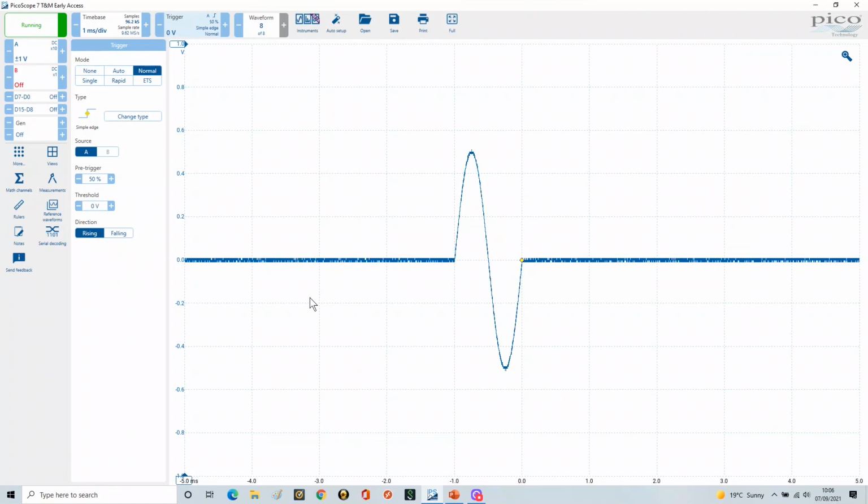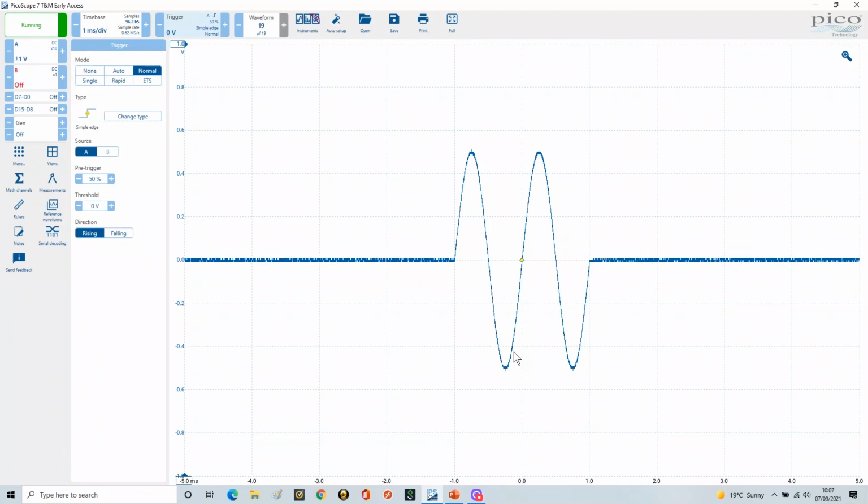Let me just put 2 cycles in here instead. So I'm going to change the number of cycles to 2 and enter, which makes it a little bit clearer. So here you can see that it's on rising edge through 0, and so it can't find it here, so it's going up and then down because that's a falling trigger option.